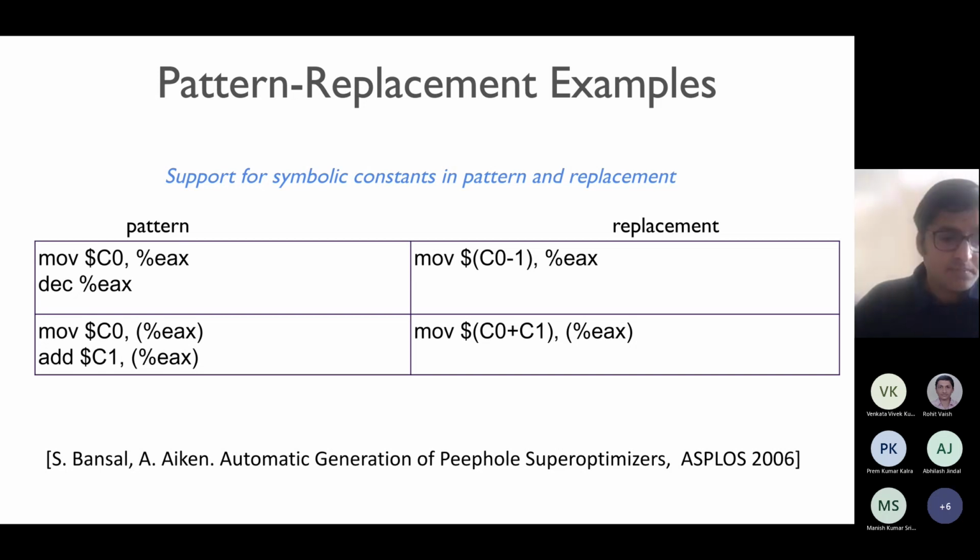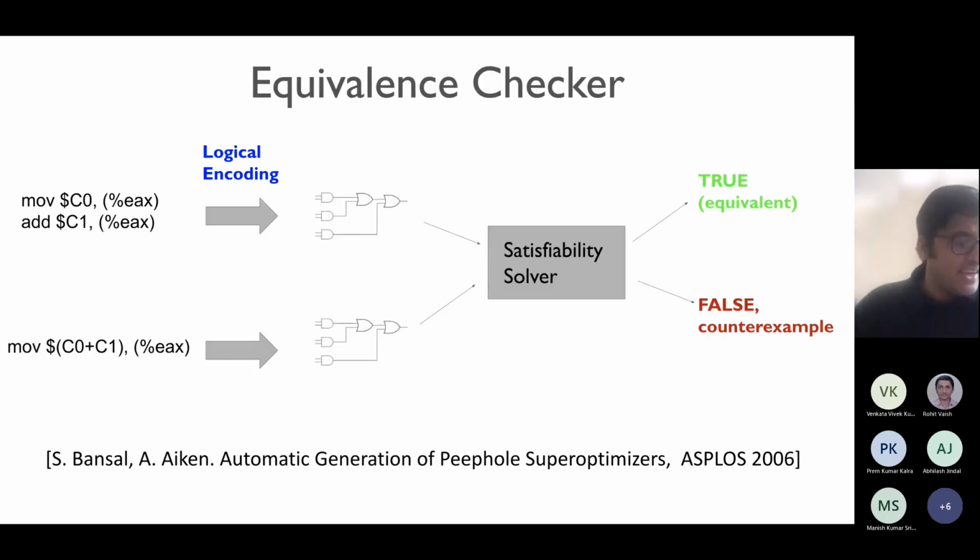All right. Now, because only acyclic patterns and replacements were considered in this work, the equivalence checker was realized by first converting assembly sequences into their logical circuits. So for example, this sequence here can be represented as a logical circuit, which basically transforms the state. For example, it changes the value of memory pointed to by the EX register.